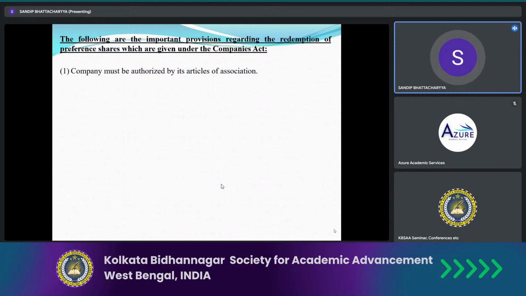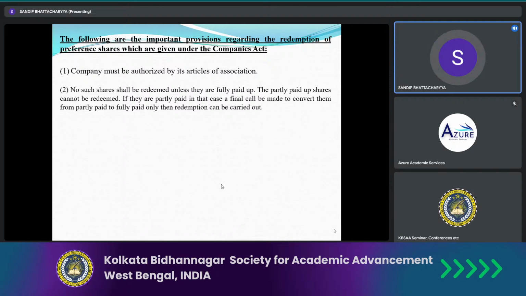If the articles of association permit, then it can proceed, but otherwise it cannot. You know very well, my dear students, that the redemption of preference shares is clearly mentioned in the prospectus as well as the articles of association. So the first and foremost, the company must be authorized by its articles of association.